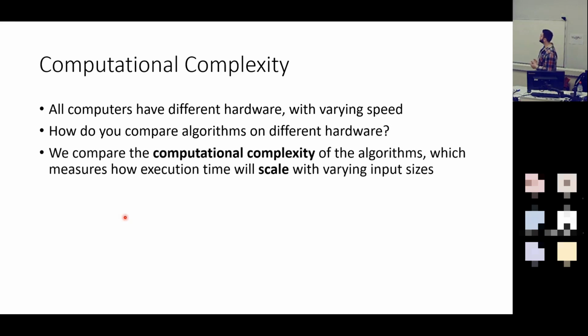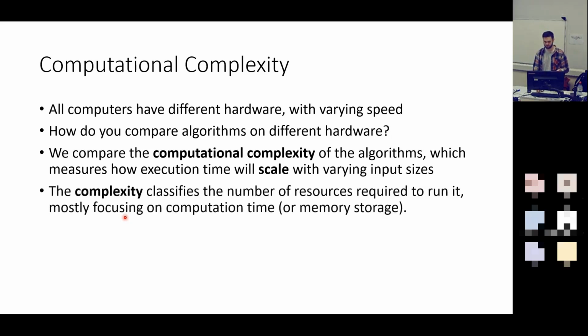So this computational complexity lets you measure how certain resources scale with the size of your inputs. So if you're performing a sum, for example, and you have n elements, then you know that if you double the amount of elements, it will take twice as long. And this complexity is basically just a classification of how many resources are required to run a certain algorithm. We focus mostly on computational time, but you can also do the same analysis in terms of memory as well.